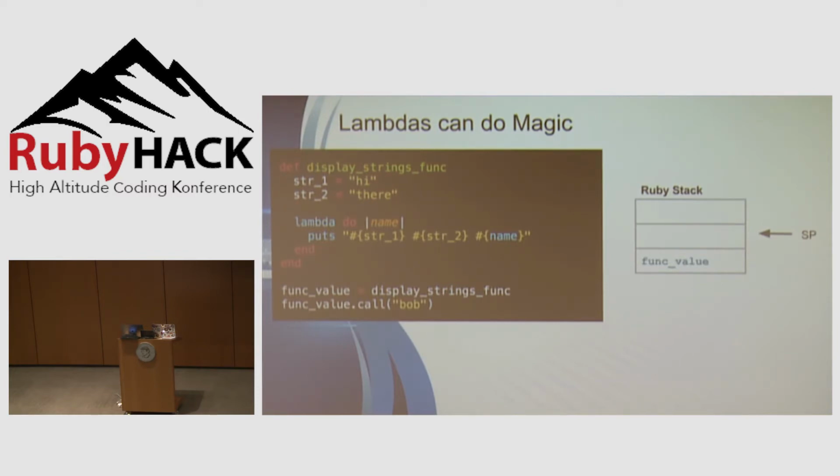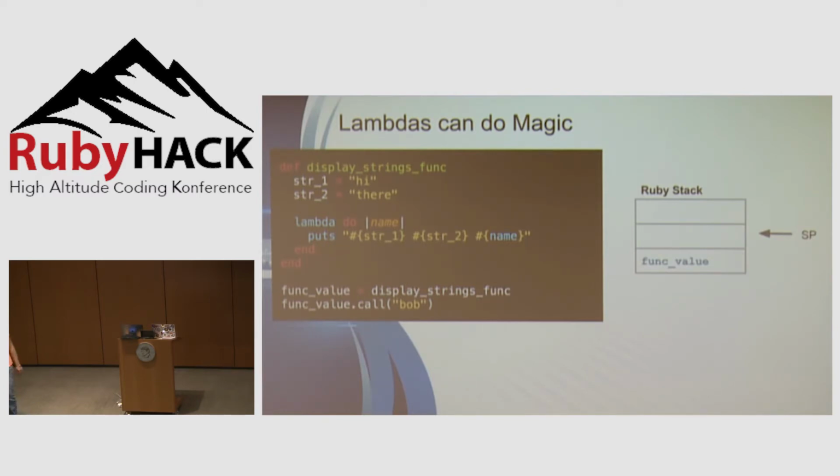That means there are no longer any references on the stack to the string 1 and string 2 objects on the heap, which means they will be garbage collected and can no longer remain available to your program. And yet, as I said, this line of code here works perfectly, and it actually prints out the values for those local variables. So how can this be?